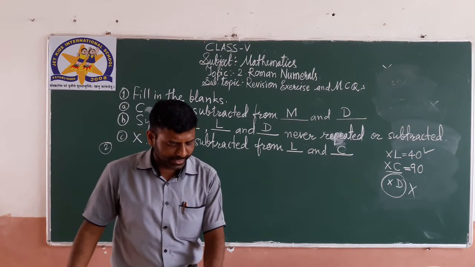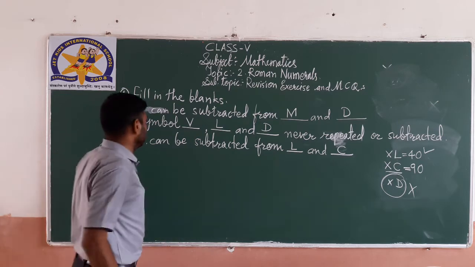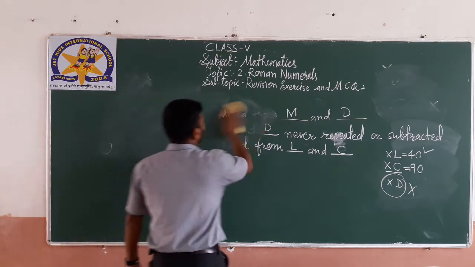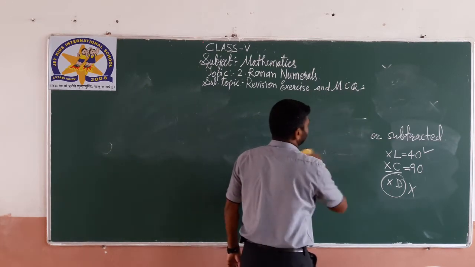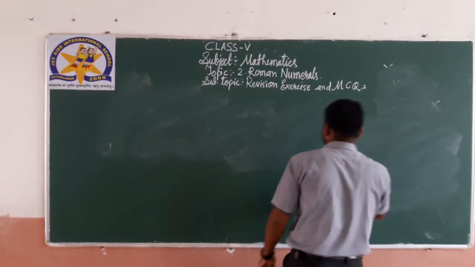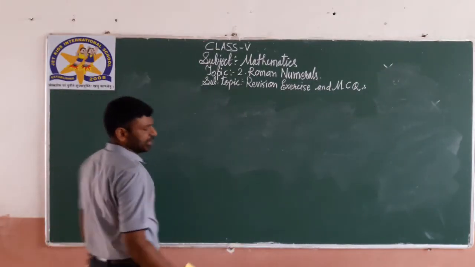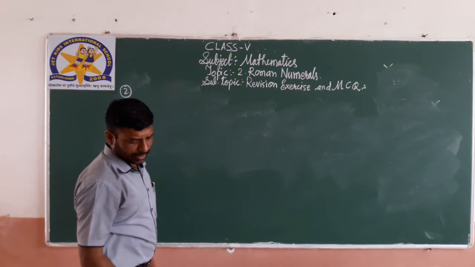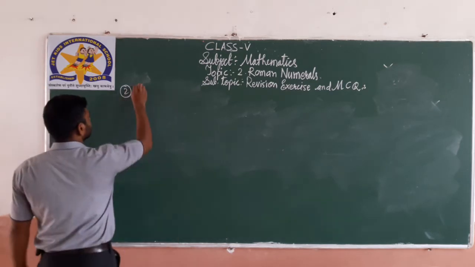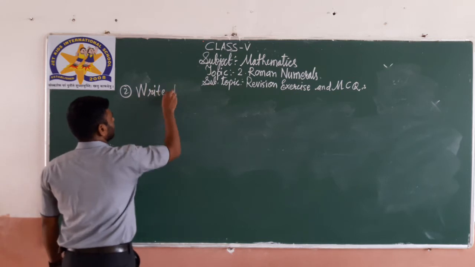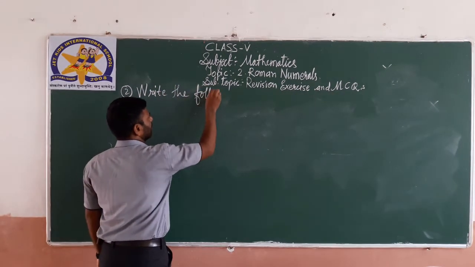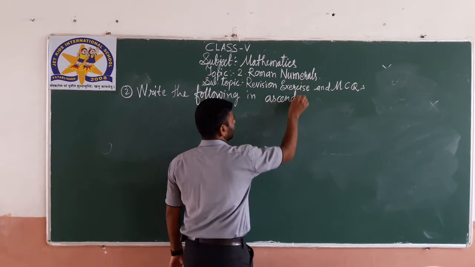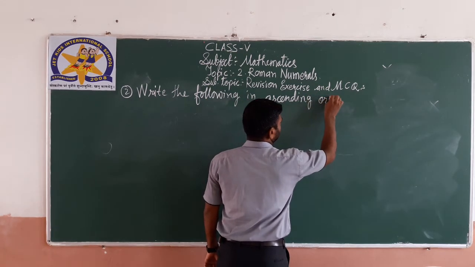Okay. Then question number 2. Write the following in ascending order. This is very important. When numbers are given in Roman numerals, first we have to convert them into Hindu-Arabic. Understand?